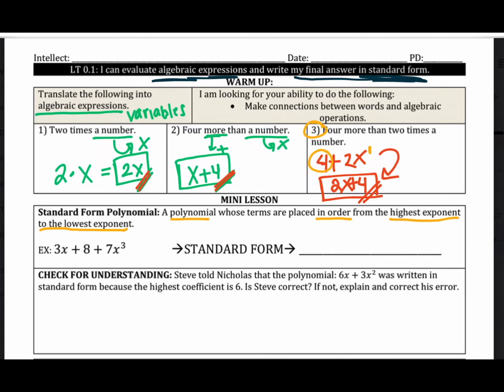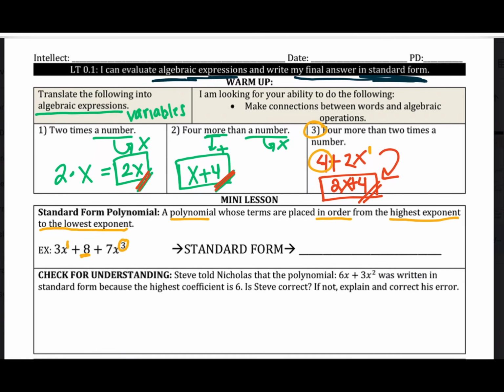And this one had no exponent at all. So if we take a look at this example, how do we put 3x plus 8 plus 7x cubed into standard form? Well, let's take a look at our exponents. When there's no exponent written, we can assume that's a 1. This exponent has 3. And 8 has no exponent at all.